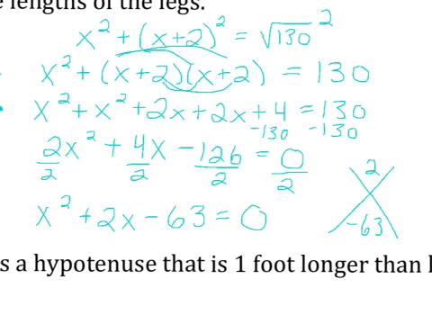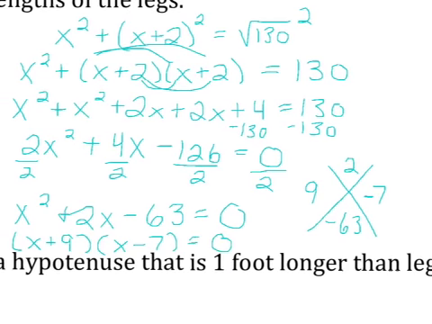So 63 is the same as 9 times 7. And in order to add to 2, we need to make the 7 negative. So we have the factors x plus 9 times x minus 7 equals 0.